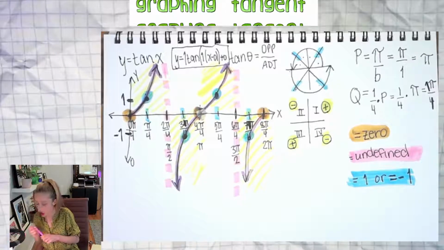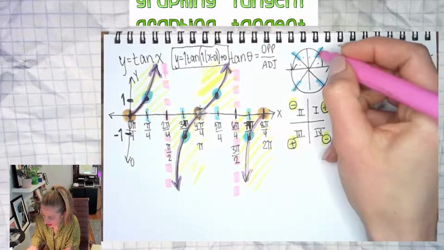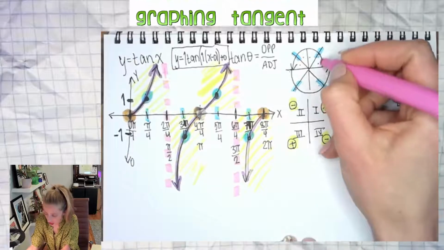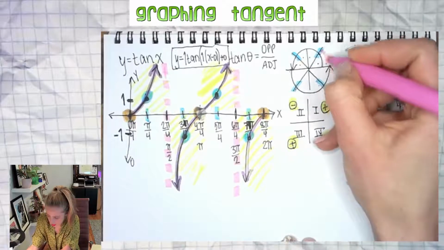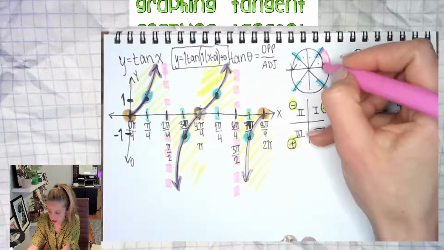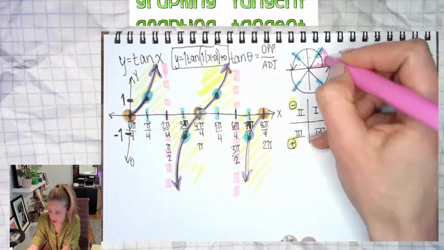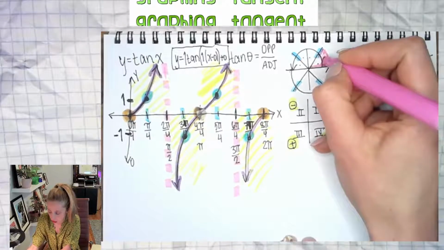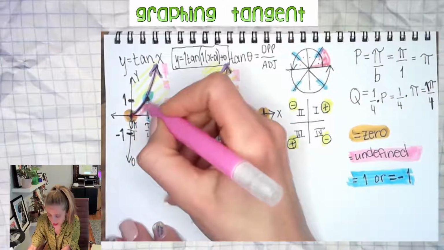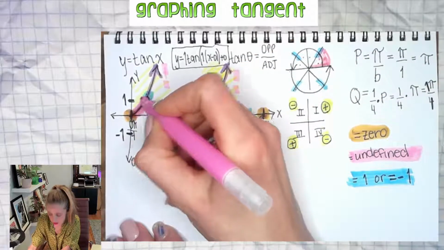Okay. So I had mentioned that here, opposite over adjacent, when you're on this little piece before pi over 4, the opposite side, which is vertical here, will be smaller than the adjacent side. That means that your fraction will be less than 1. And here's the 1, and it's less than 1 right there, you know?